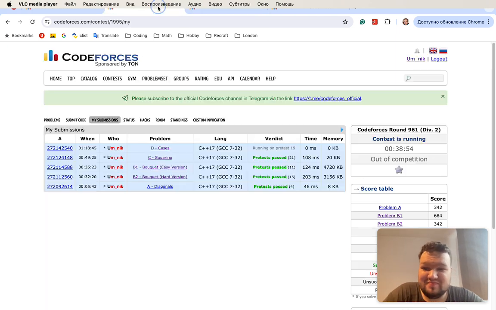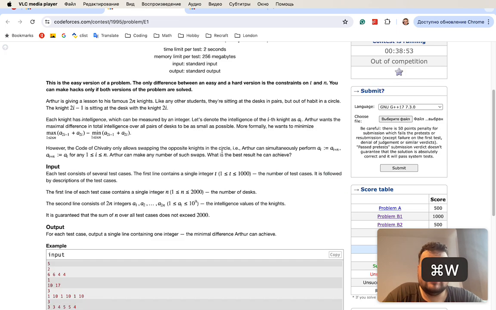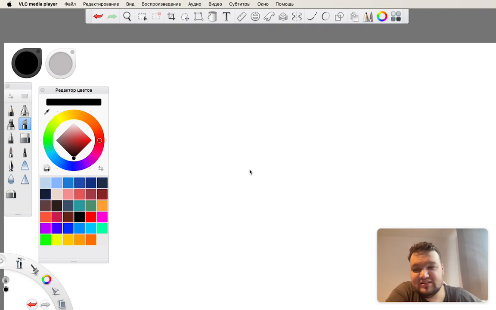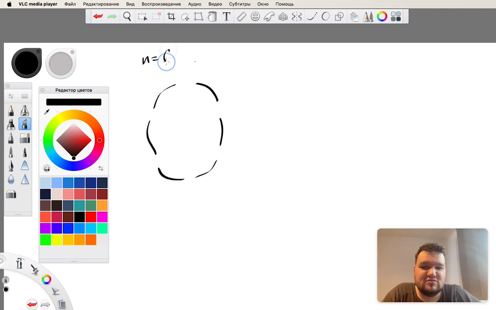I think it should be clear that even and odd values of n are very different for this problem. Why is that? Because if n is even, for example n equal to 6 here, each pair has the opposite pair.